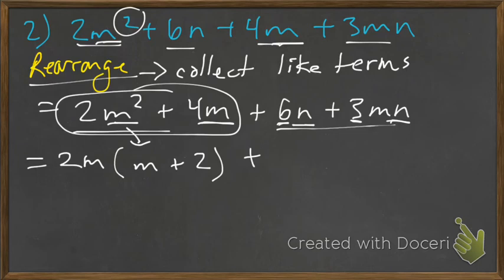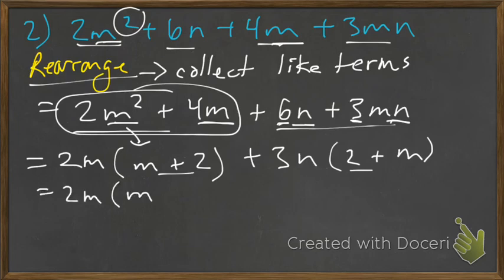And what am I left with? No, it's 2 plus m. Yep. M plus 2, 2 plus m, exact same thing, so I can rearrange that. 2m multiplied by m plus 2 plus 3n multiplied by m plus 2.